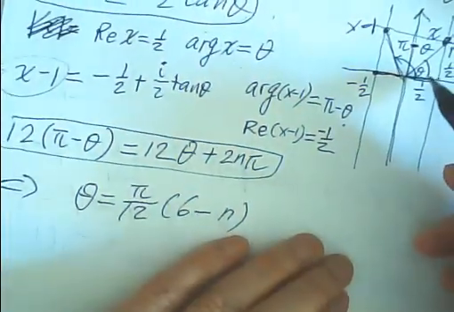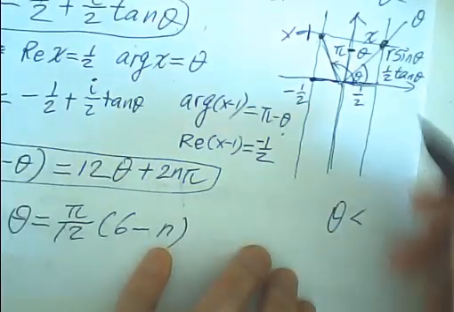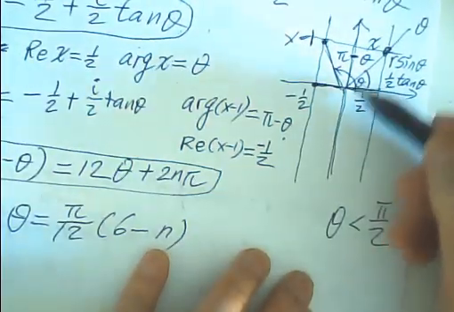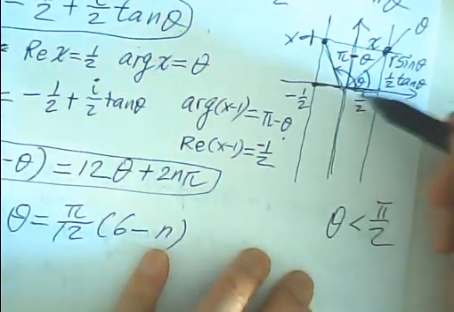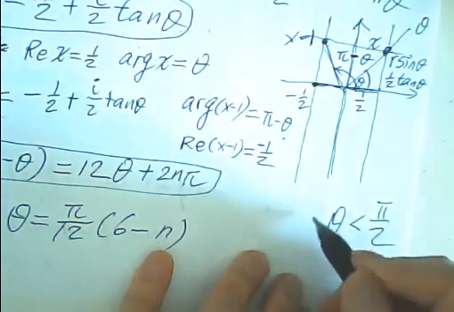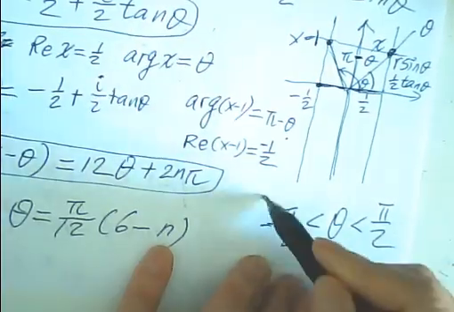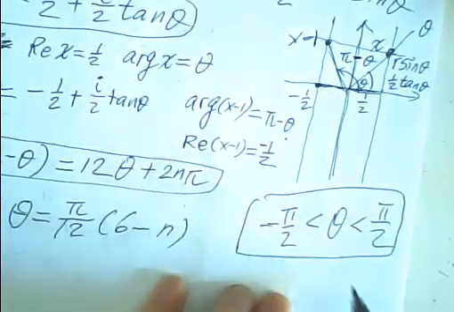Now, what is theta? Theta cannot be more than half pi, because theta must be here or there, right? So it could be less than. That is my theta.